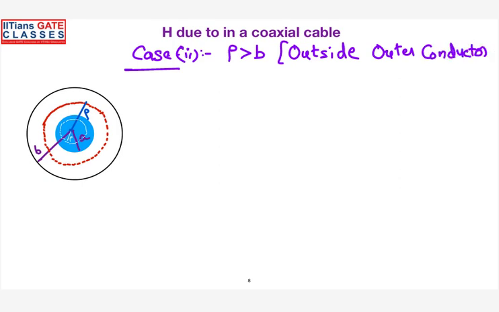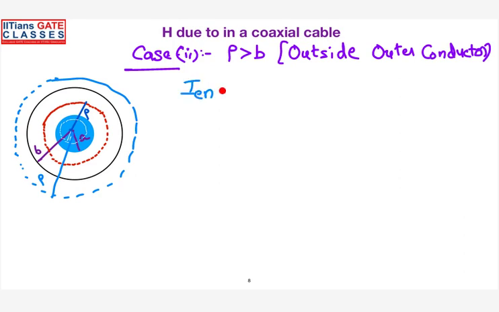First of all, what is the total enclosed current when you take a loop outside? Rho is the radius of the imaginary loop. Will it become zero, like I and minus I will be there? Exactly, that is the same thing.